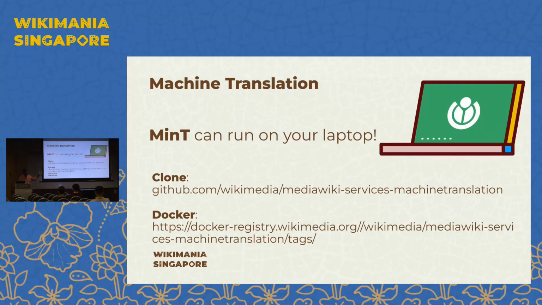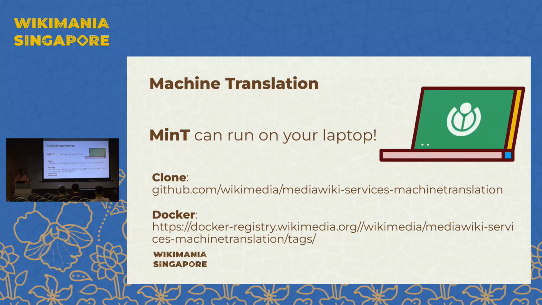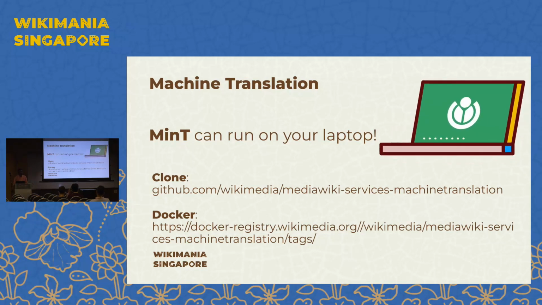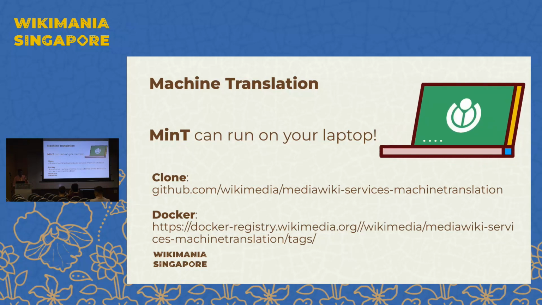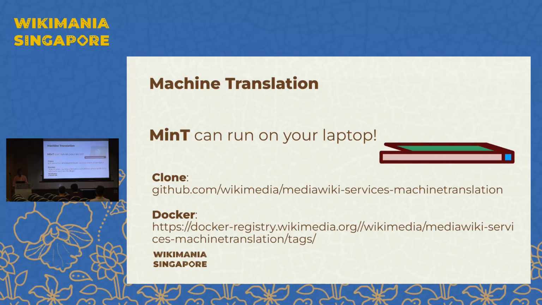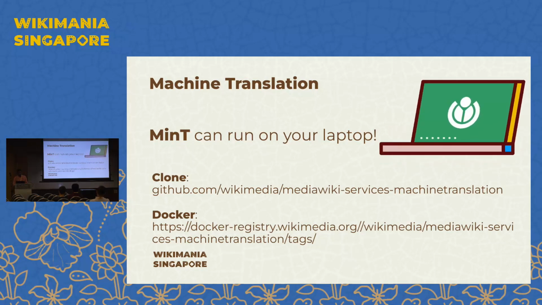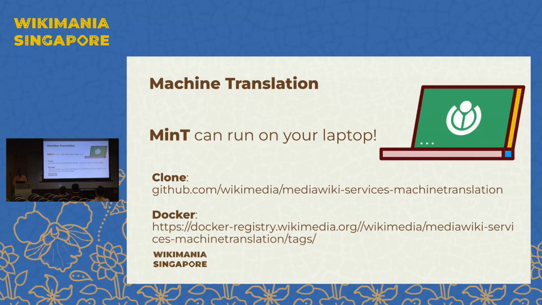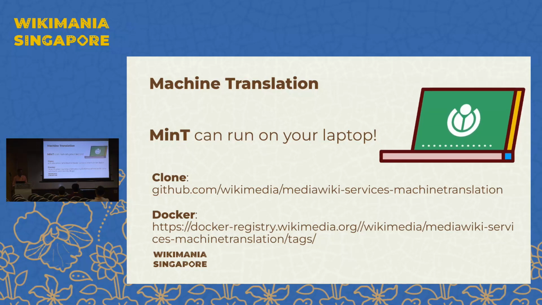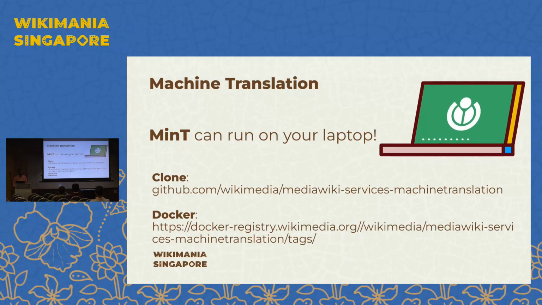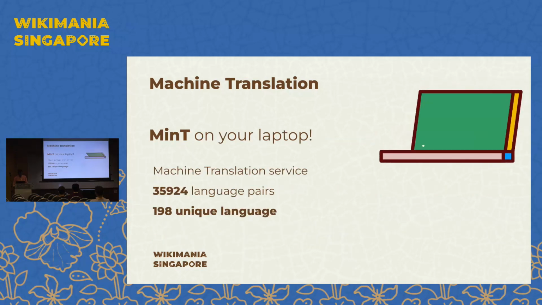So you get a Docker image, Docker pull, Docker run, you get a fully running machine translation system right inside your laptop. No GPUs are required. If you want to run it without Docker, you can just clone this one and follow the README instructions, and you will get a machine translation system right inside your laptop, suitable for any kind of experiments.